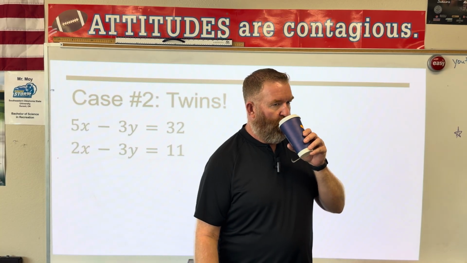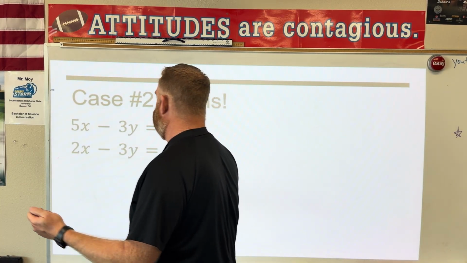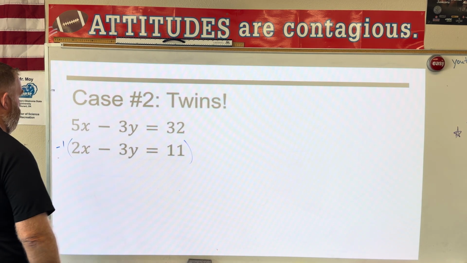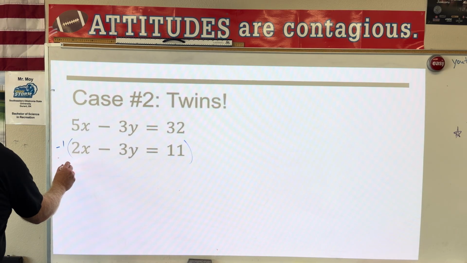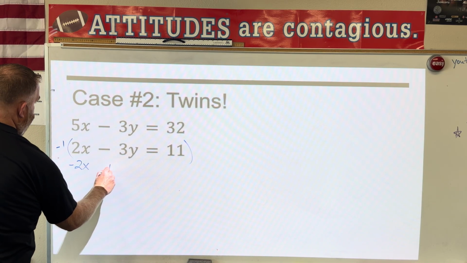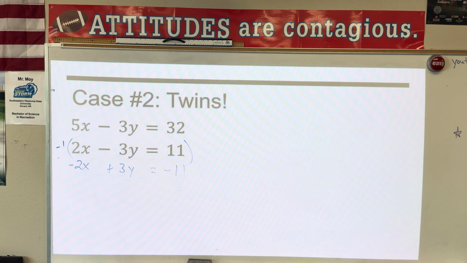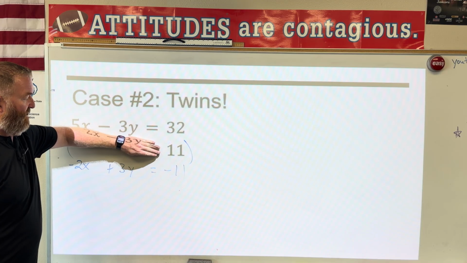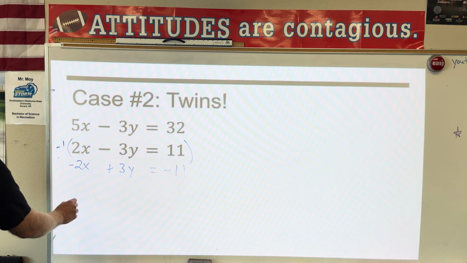I'm not going to ask you to work all the way through this, okay? But how about this one? Everybody with me? I'm just going to do the bottom one. So now this is -2x. Now that's positive 3y. And now it's -11. And then you've got to be careful, because that's the equation we changed. What's 5 minus 2? 3x.